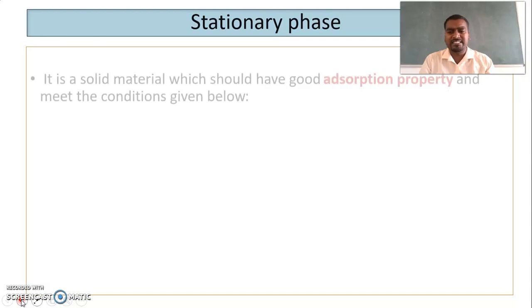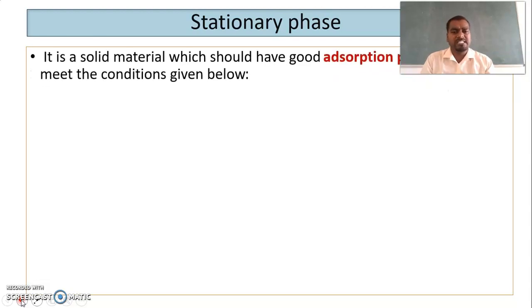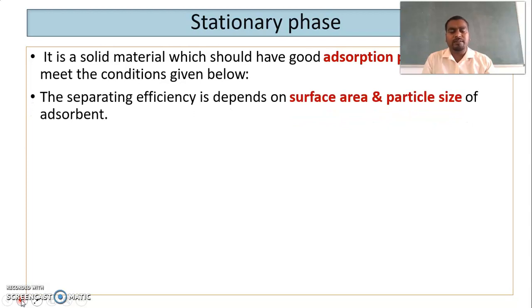Now let us see the stationary phase. The stationary phase is fixed in the column, and in column chromatography it works based on the property of adsorption. That's why it is called the adsorbate. The separation efficiency of the stationary phase depends on the surface area and particle size of the adsorbent, because as I told in the beginning, it works on the principle of adsorption.